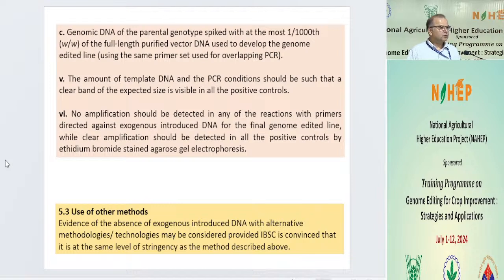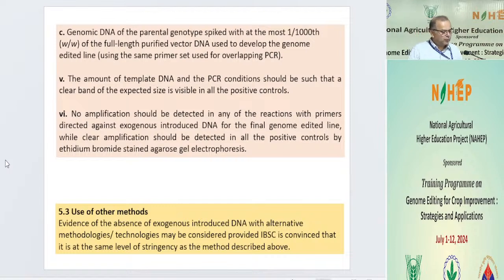And if you use any other method to prove that your plant is free from exogenous DNA, that will also be considered, provided the members of the IBSC are convinced about the applicability of that method for your case. So, it is open, it is not that only this procedure has to be followed, but they have to see the reasonability.